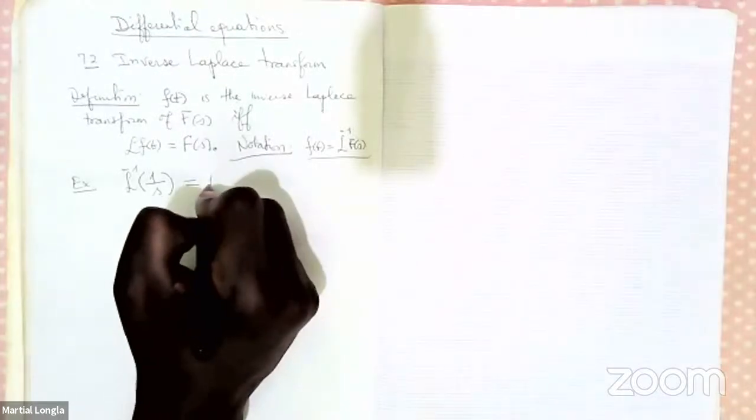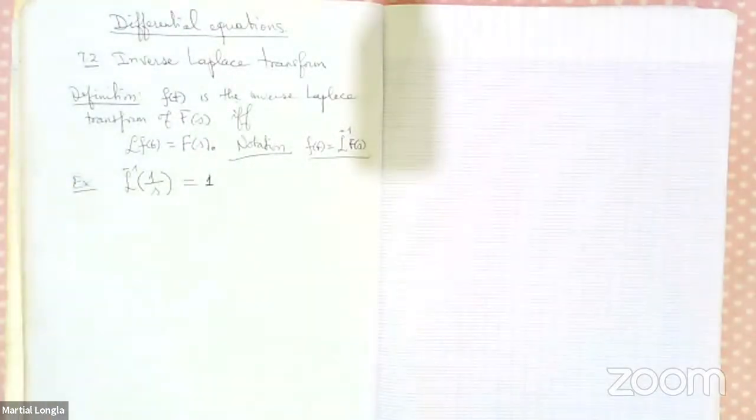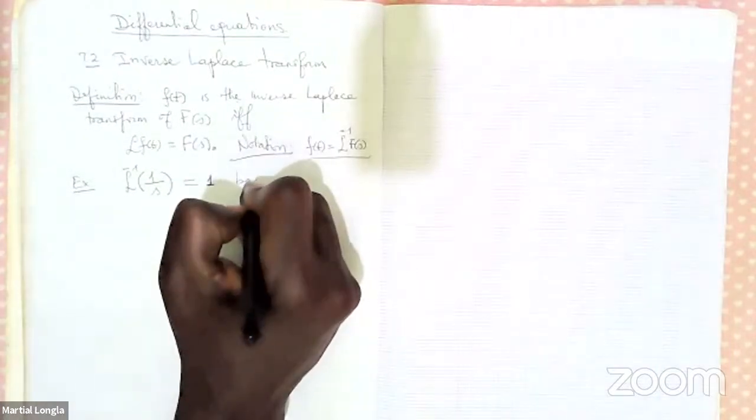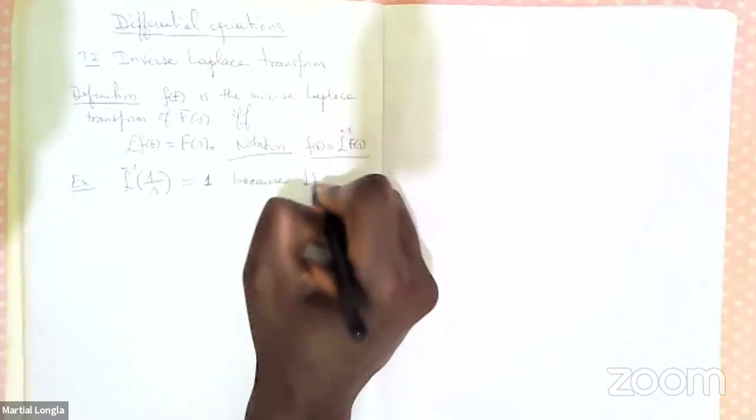Isn't it little f of t is equal to 1? So that's it. So the inverse Laplace transform of 1 over s is 1 because we found out that the Laplace transform of 1 is 1 over s. That's it.